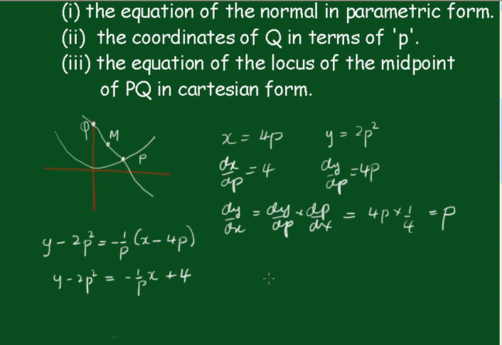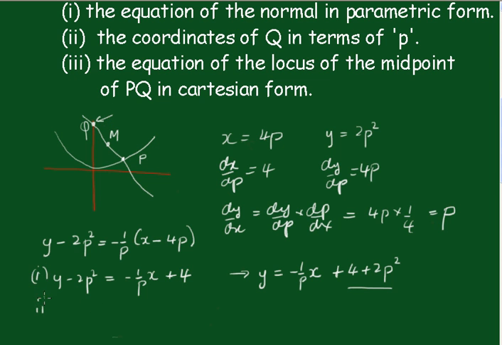So we get that y equals minus 1 on p x plus 4 plus 2p squared. Now I didn't want to put that in the general form because that will be the y-intercept for part 2. So we straight away know what the y-intercept is there in part 2. So that was part 1.